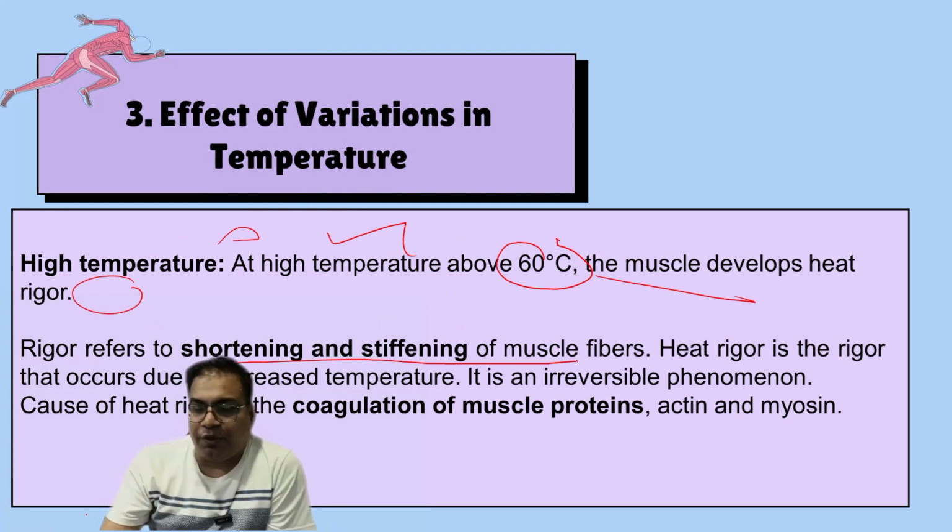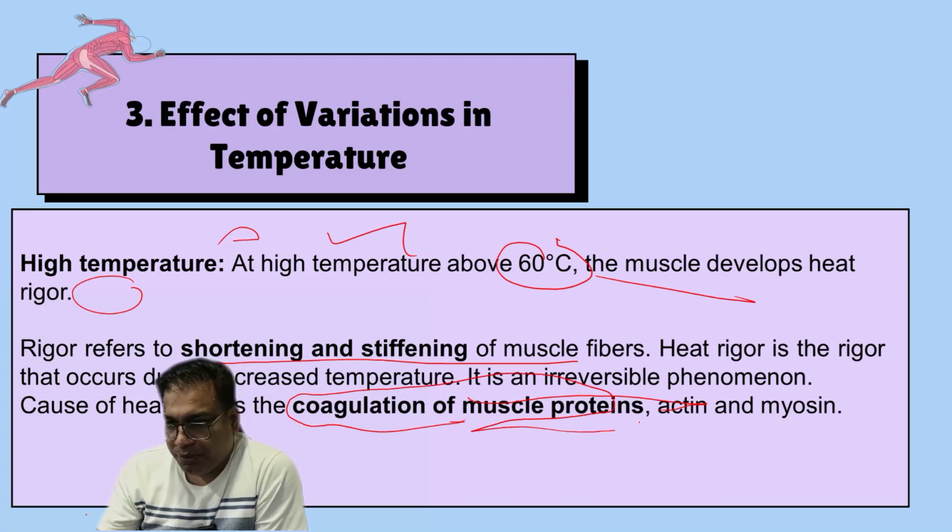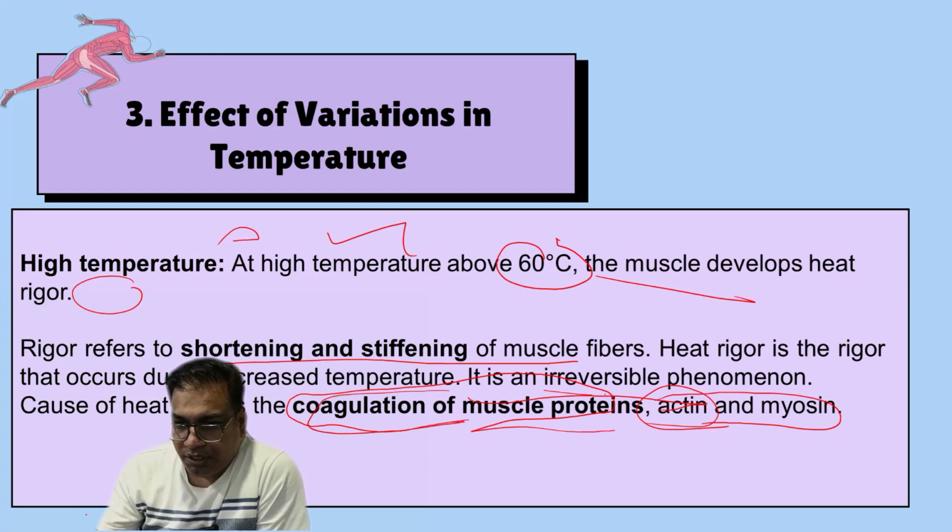And if the temperature is very high, there is an irreversible phenomenon due to the coagulation of muscle proteins. Basically, in muscles there are actin and myosin proteins. So these muscle proteins get coagulated, and an irreversible phenomenon, heat rigor, is shown by the muscles if there is a higher temperature.